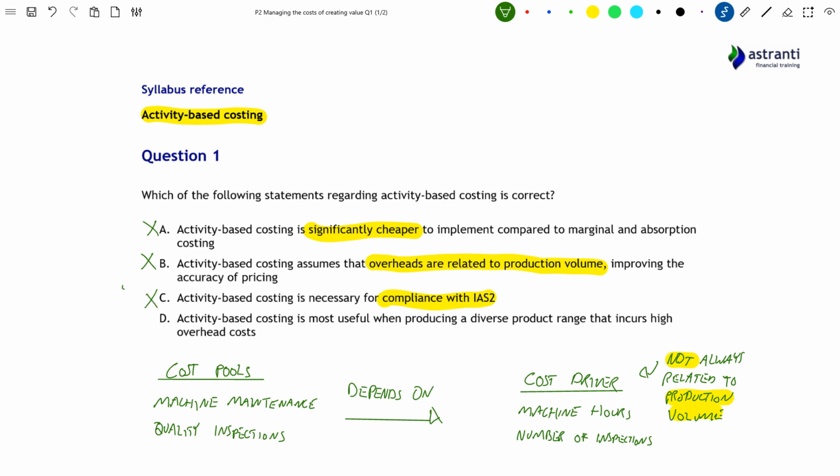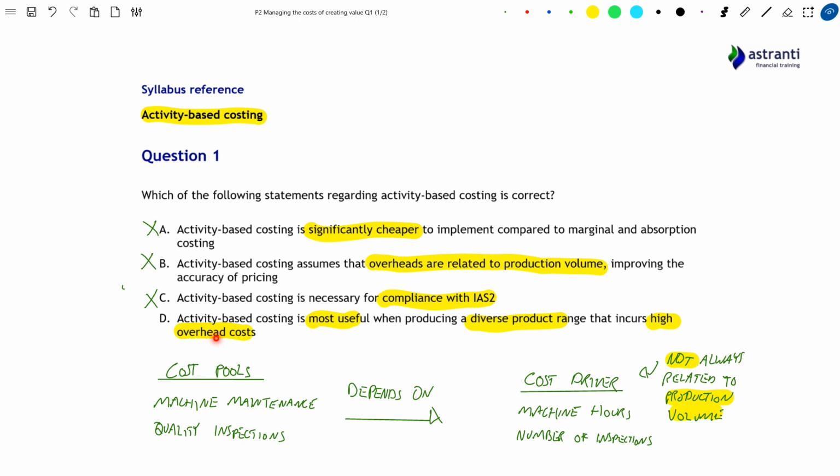Activity-based costing is not mandatory. Lastly, we have option D, which tells us that activity-based costing is most useful when producing a diverse product range that incurs high overhead costs. Activity-based costing is comprehensive with regards to how we look at our overheads, breaking them down into different cost pools, and so on. Therefore, it makes sense that we should definitely look to using this system when our overheads are high.